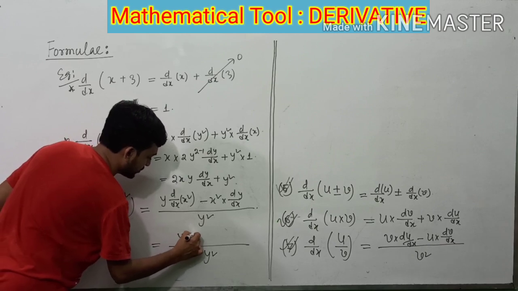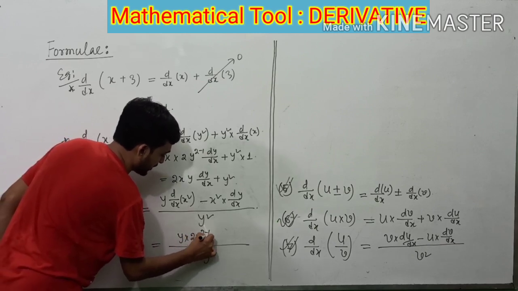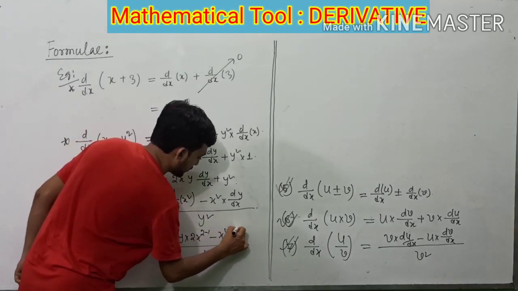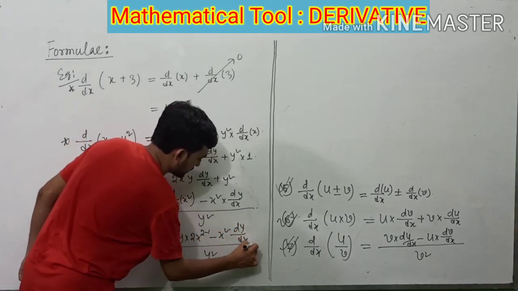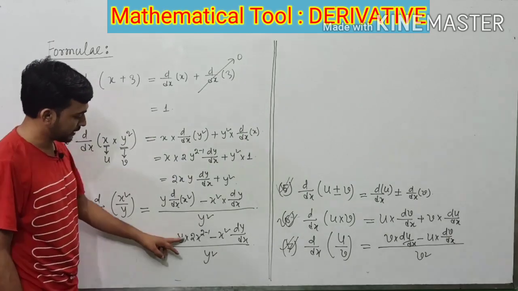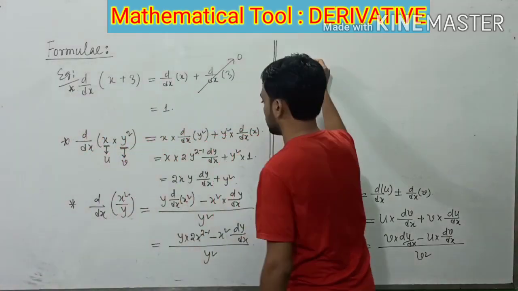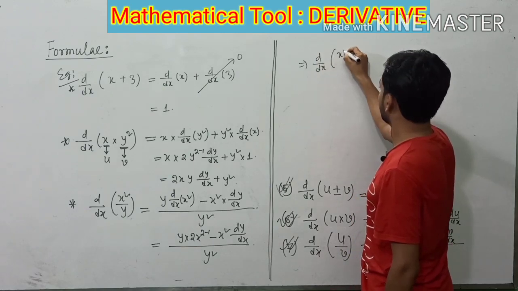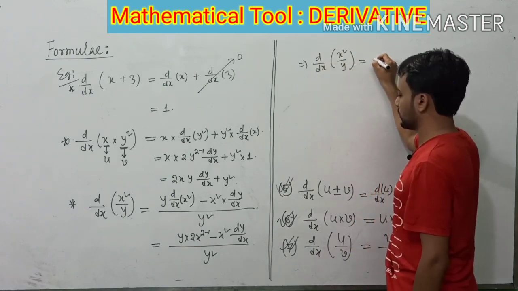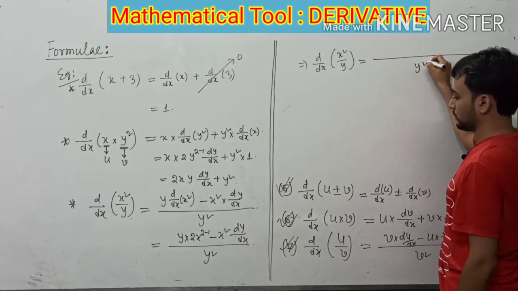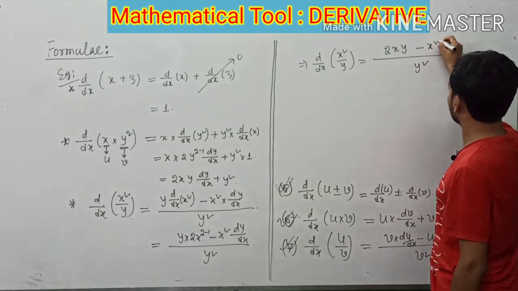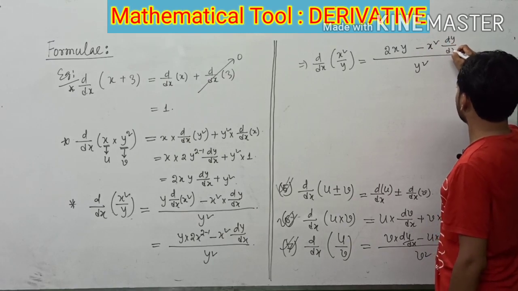This will be simply 2x to the power 2 minus 1, minus x square. It will remain as it is. So ultimately what we will get? We will get d/dx of x square by y is equal to 2x into y minus x square dy by dx.